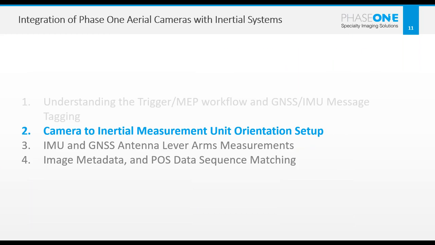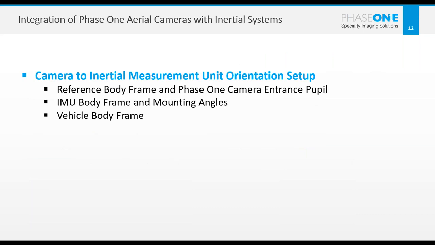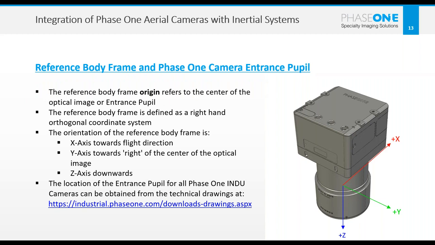The second section covers camera to aerial measurement unit orientation setup. For this section, we will cover three basic concepts: the reference body frame and the Phase One camera entrance pupil, the IMU body frame and mounting angles, and the vehicle body frame. The first one, the reference body frame, refers to the sensor, or in our case, the camera.